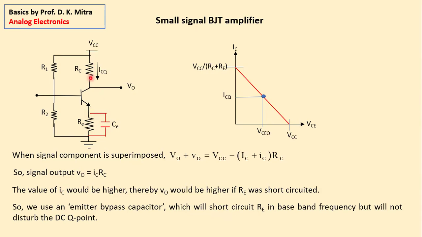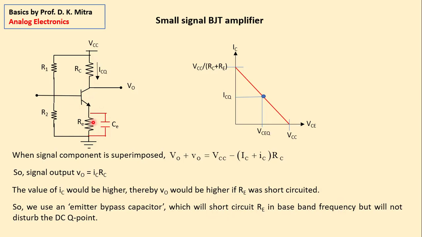So in this frequency range, set this capacitor in such a way that its impedance is very, very small with respect to RE, which will short circuit RE in the baseband frequency. But so far as the DC quiescent current is concerned, the capacitor is open circuit.